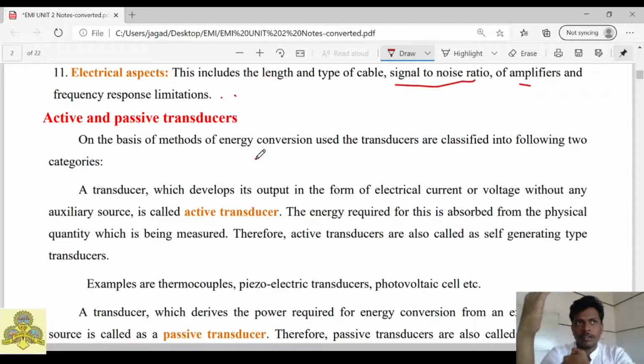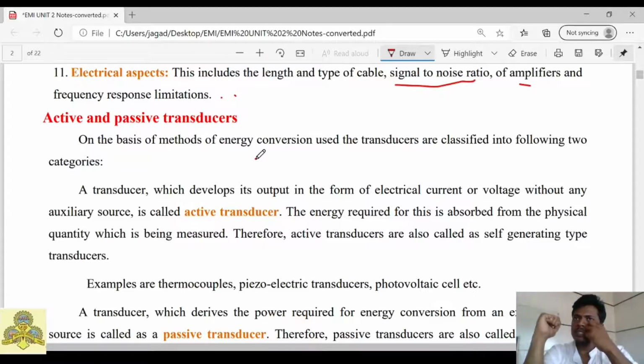The light from the sun falls on the photovoltaic cell, the PV cell, and it converts that light into electrical energy. Another example is a weighing machine. Pressure placed on the surface of a weighing machine is converted into an electrical quantity, and then that will be displayed.